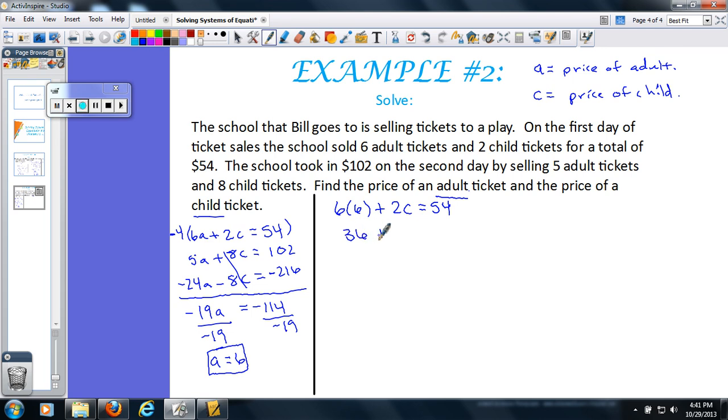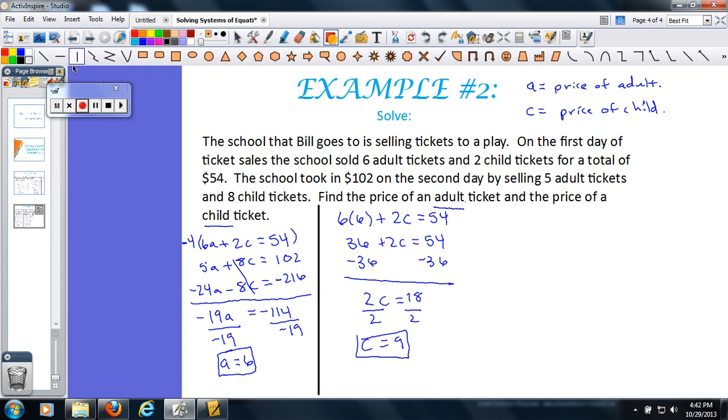This is 36 plus 2C equals 54. Now I'm going to solve for C. I'm going to start by subtracting 36 from both sides. I subtract 36 from 54, and I get 2C equals 18. I'm going to divide by 2, and I get C equals 9.